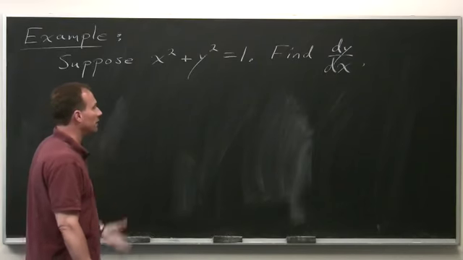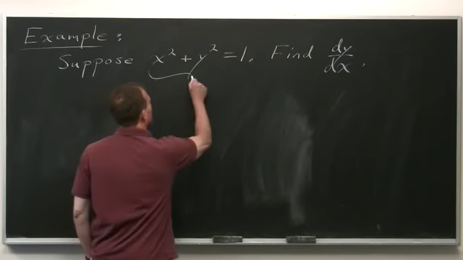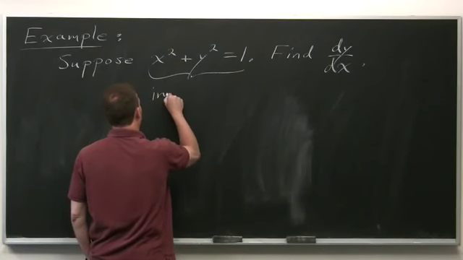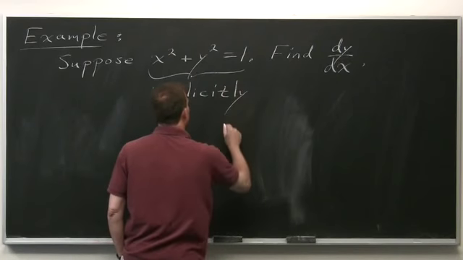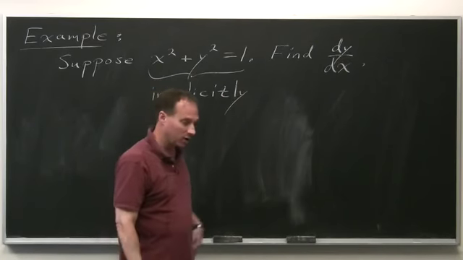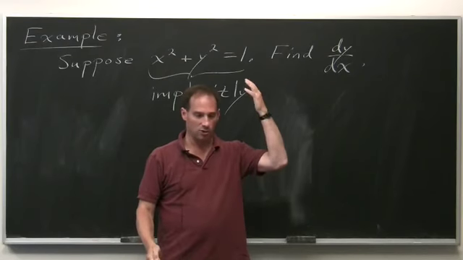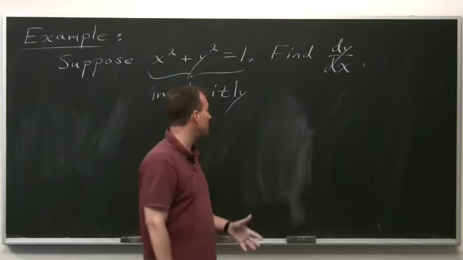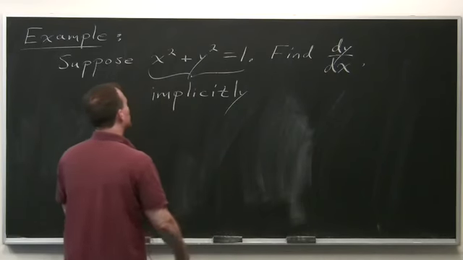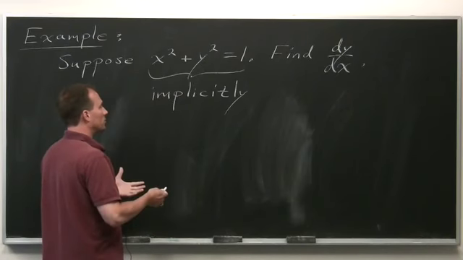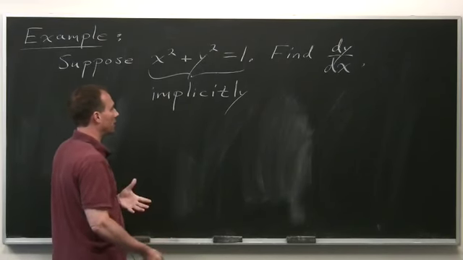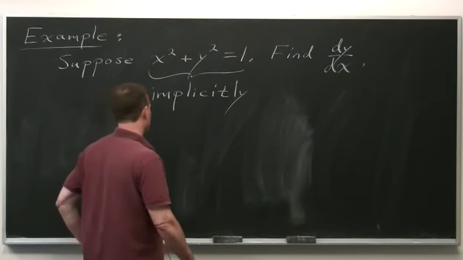What you're assuming is that this equation implicitly defines y as a function of x. Implicit as opposed to explicit. Explicitly defining y as a function of x means here's y, and it equals this in terms of x. Implicit, you're given some relation satisfied between x and y, and you're just supposed to assume that somehow that tells you what y is as a function of x.